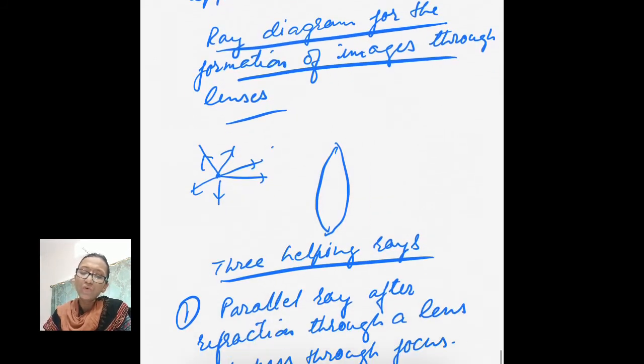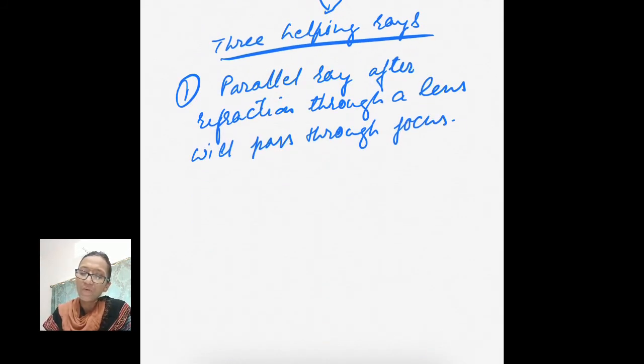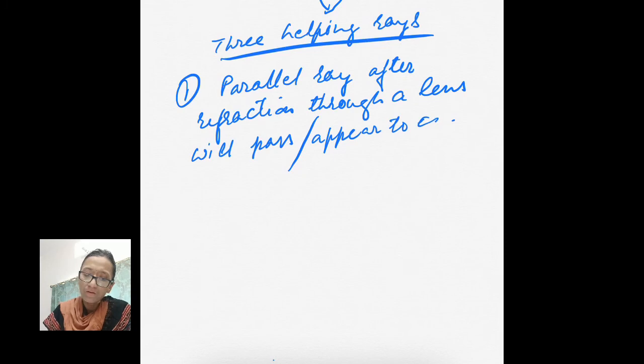So we have three helping rays. Parallel ray after refraction through a lens will pass through focus, or appear to pass or come from focus.